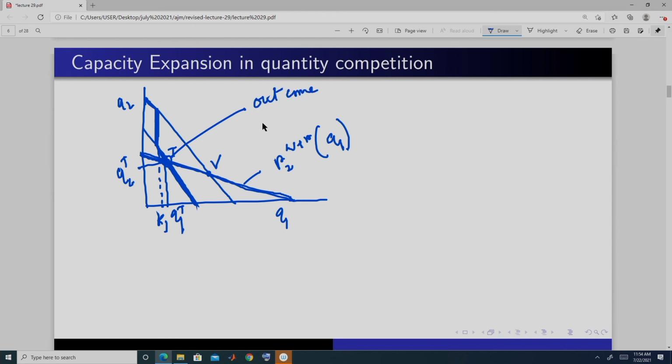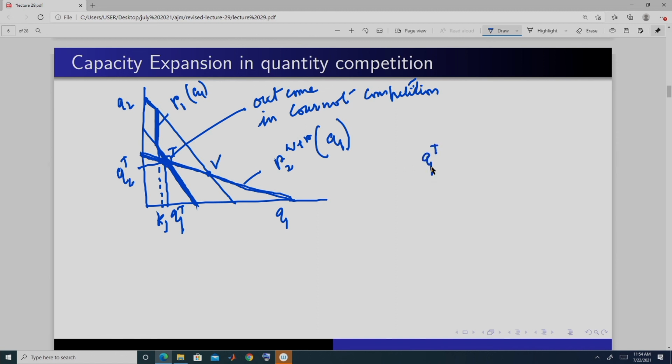This is the outcome in Cournot competition, because this is the reaction function of firm 1, this kink line. They intersect here. So, what is the output of firm 1?